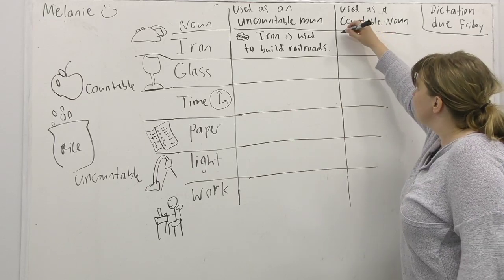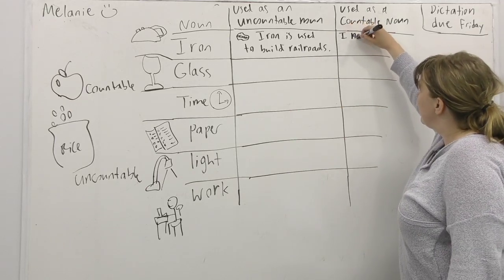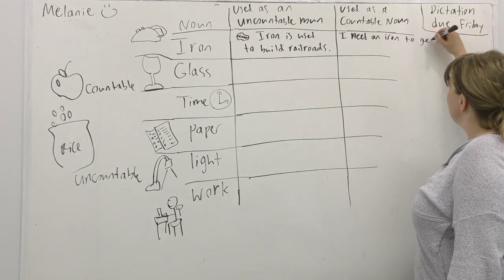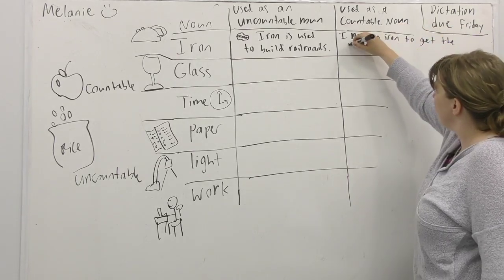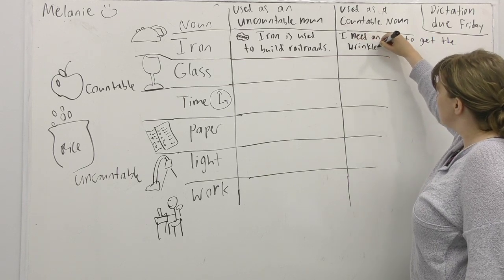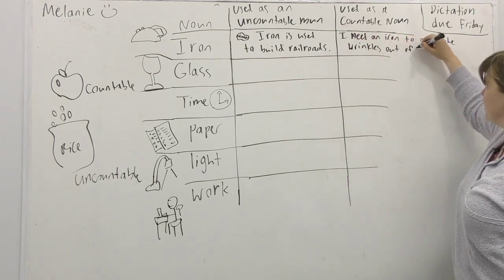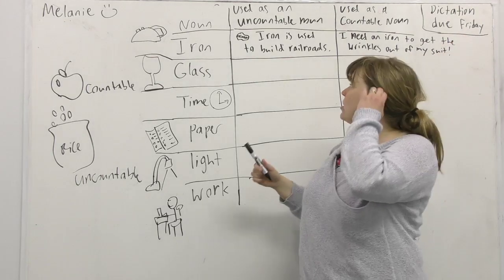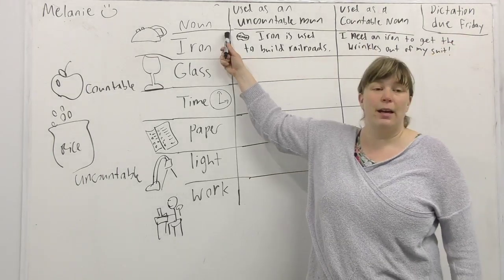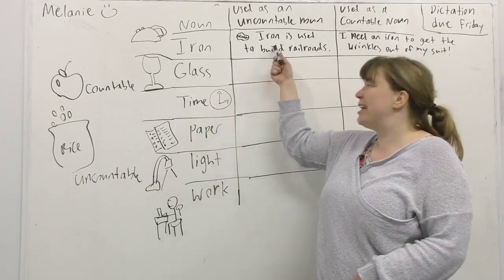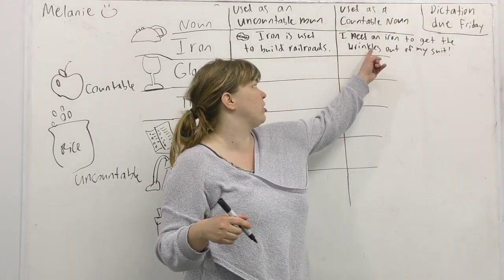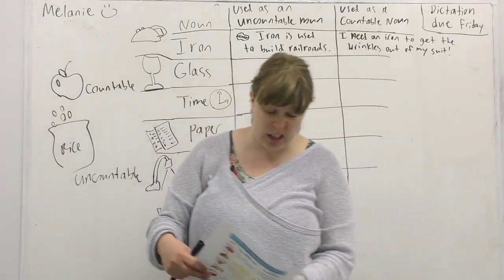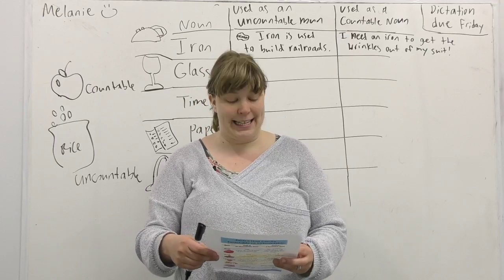So for example, I need an iron to get the wrinkles out of my suit. Okay, so here that's an example. Material, uncountable. Electrical appliance, countable.